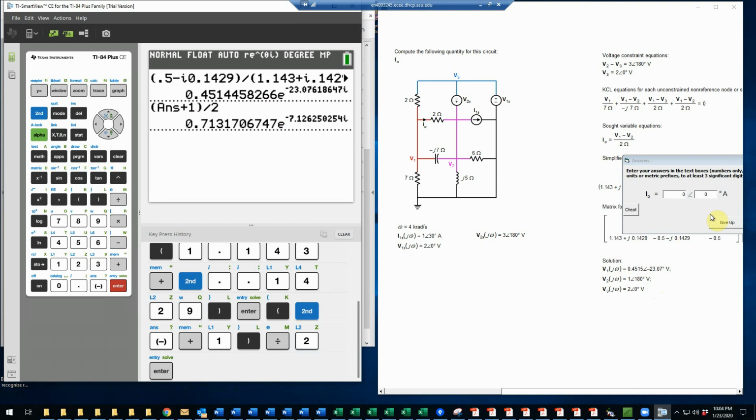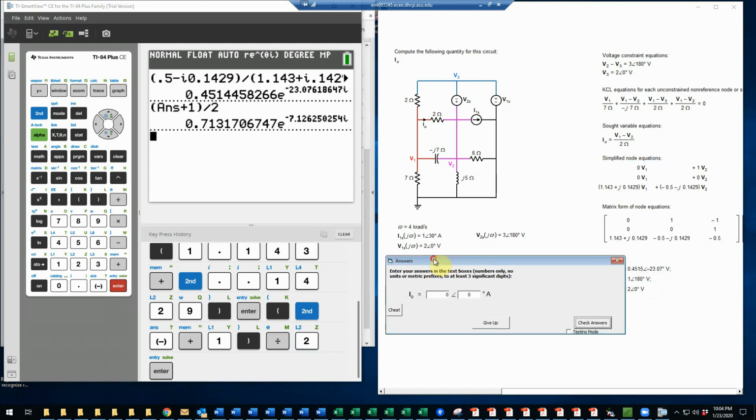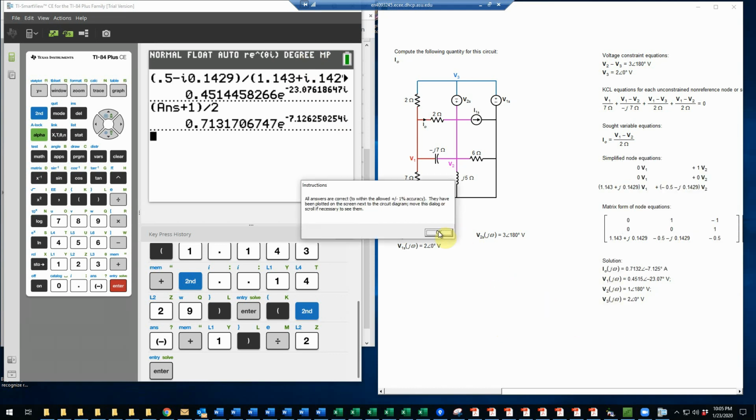Okay, so that would be 0.7132, angle negative 7.126 degrees. And once again, I'm in degree mode just to make sure of that. Okay, so I'll check that, and that is correct.